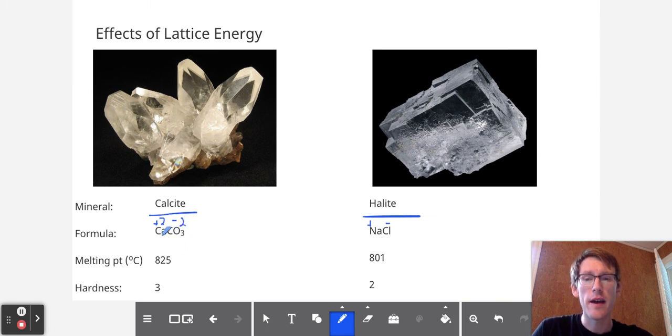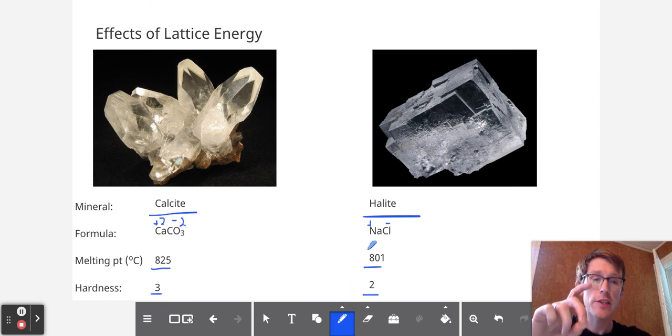This might suggest that calcite has a stronger force of attraction and greater lattice energy. So we can predict that calcite is probably going to have a higher melting point, which it does, and it also is going to have a greater hardness, which it also does. In fact, you can scratch halite with your fingernail, but calcite will resist scratching under your fingernail because it's harder.